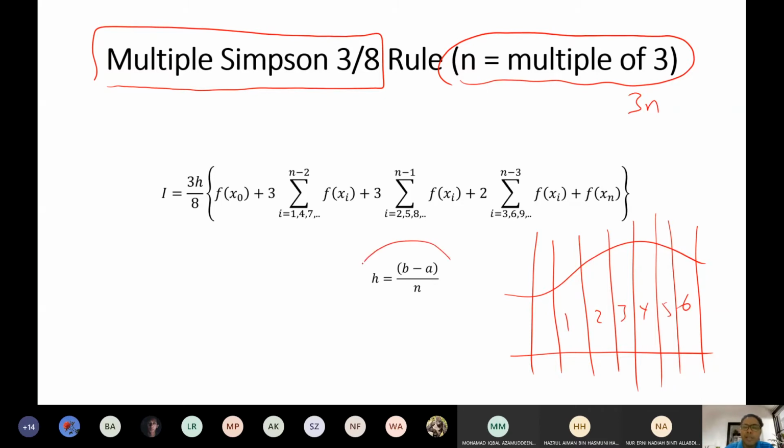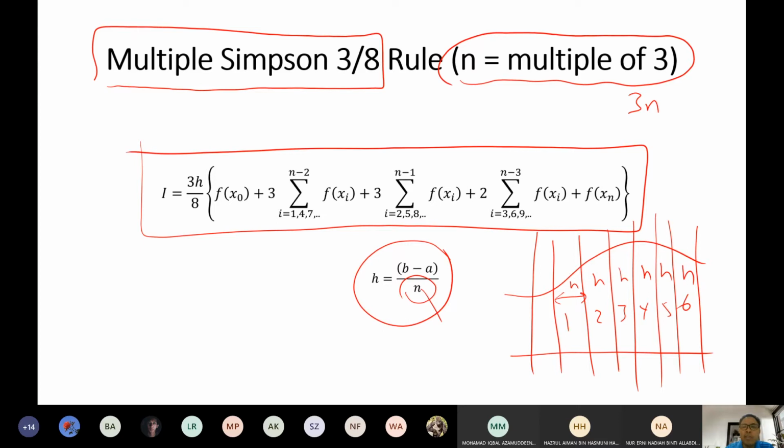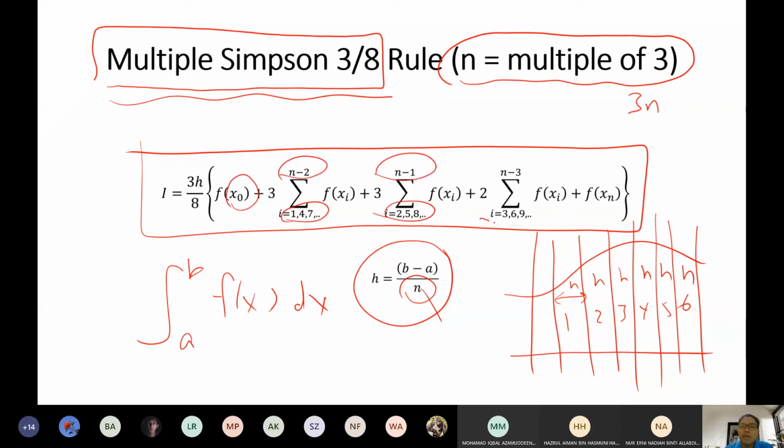And remember that your h, that is defined here, is given by this formula, where n is the multiple of 3. And this is the formula that you should understand in order to compute the integration of a until b for your fx by using multiple Simpson 3/8 rule. And again, you have to perform shifting on each of the indices on your own. I don't want to repeat it again. And we can use Octave to perform that integration.